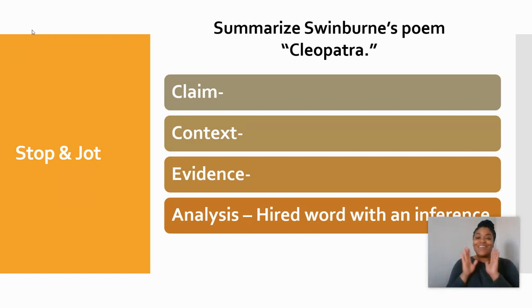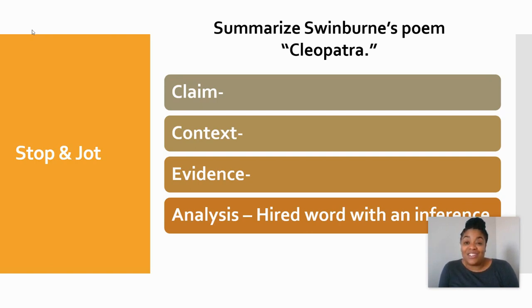All right, scholars. So here's the juicy part. We've already made our claim. We've given context. So my claim that I'm going with is that this poem is about this divine, god-like woman named Cleopatra. To spice it up, I might say who has the ability to be extremely powerful towards others. I now need to give evidence.